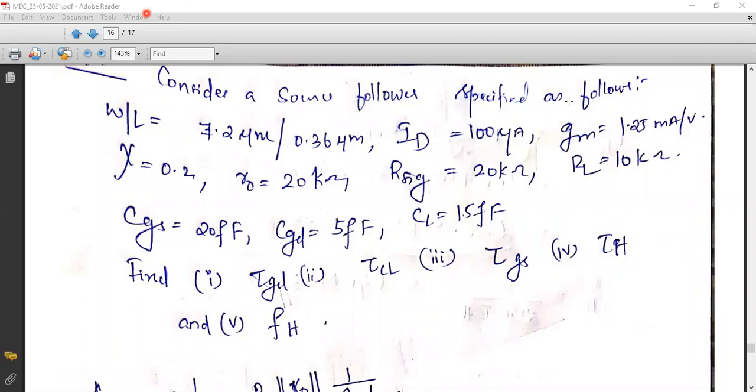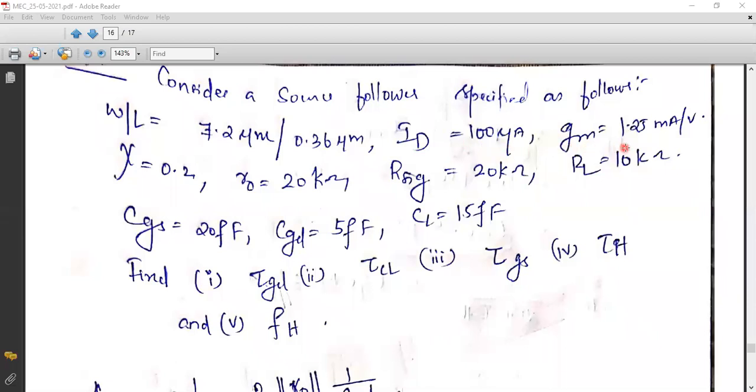Consider a source follower specified as follows. W by L is the aspect ratio of the transistor, where W is the width of the channel and L is the length of the channel. So that will be 7.2 micrometer divided by 0.36 micrometer.